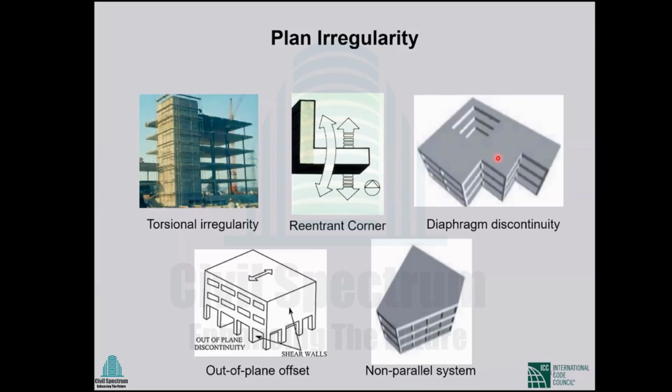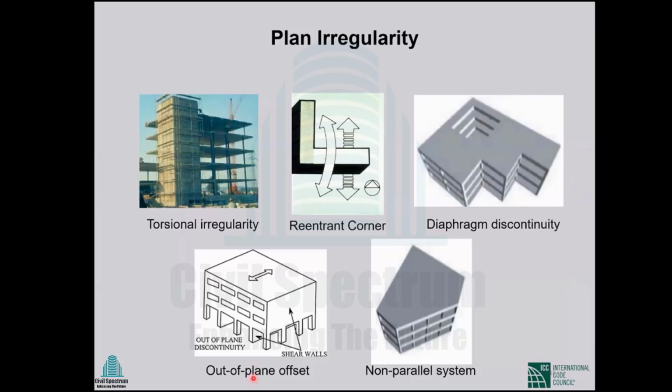Diaphragm irregularity: if we have punches like these in a diaphragm, like that is the floor slab, then if the size of the punch is quite substantial, it is written in the code what percentage of the floor area we can allow for the punches. If the opening is quite large, in that case, it may become diaphragm discontinuity.